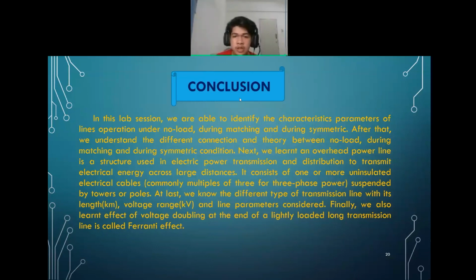At last, we know the different types of transmission line, line length in kilometers, voltage in kilovolts, and line parameters considered. Finally, we also learn the effects of voltage rise at the receiving end of a lightly loaded long transmission line, called the Ferranti effect.